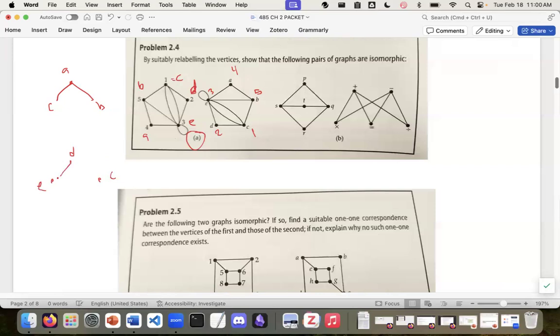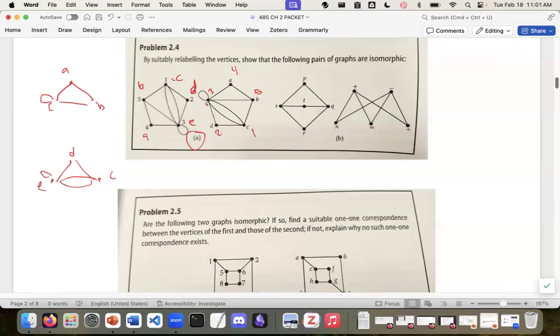Right. So I think the important thing here is looking at what is adjacent, where C's got this self loop. Wait, no, sorry.